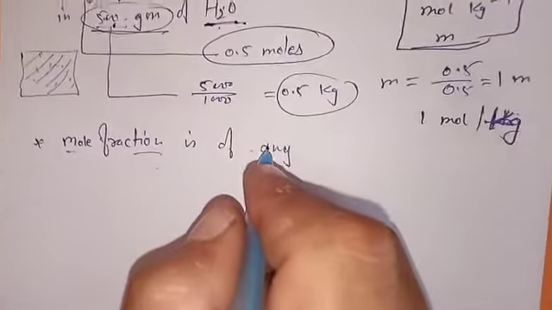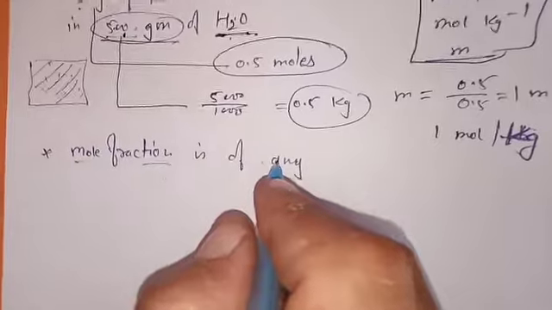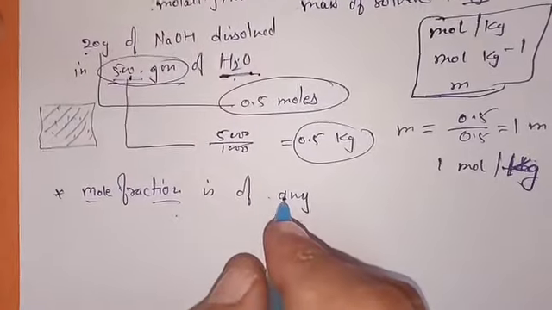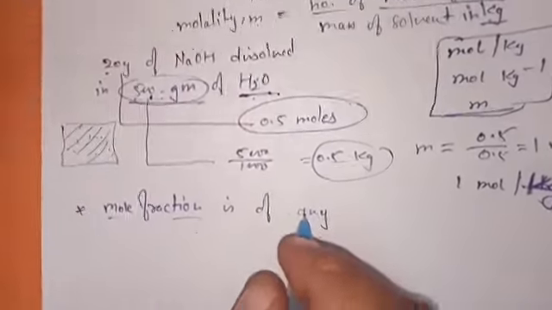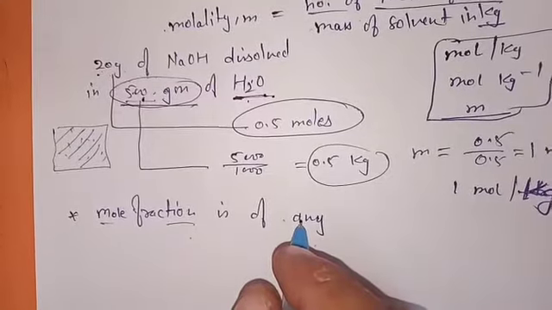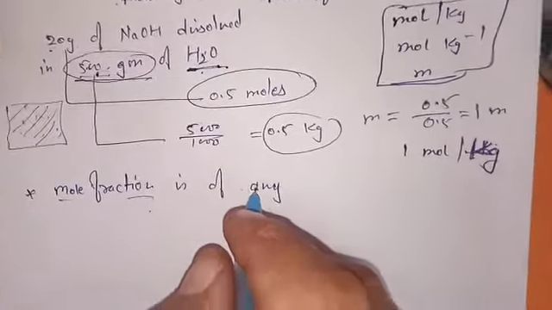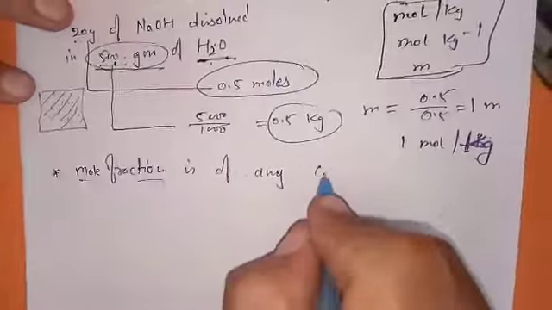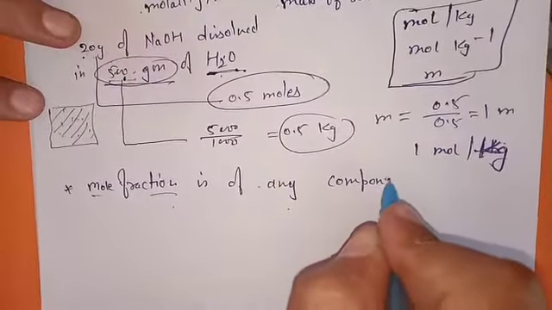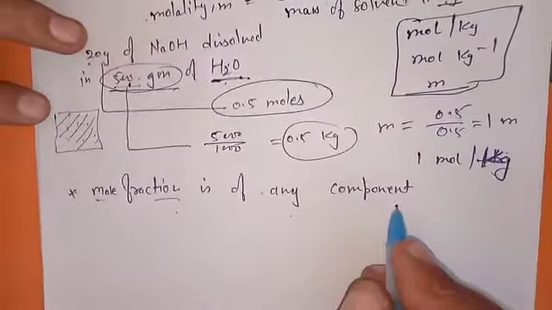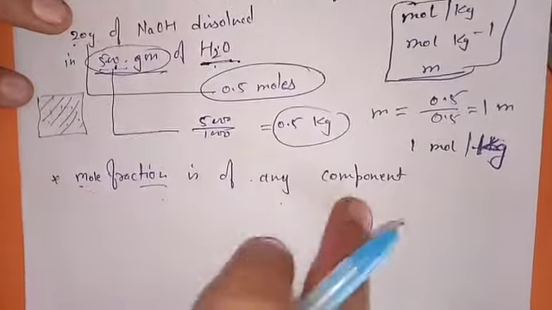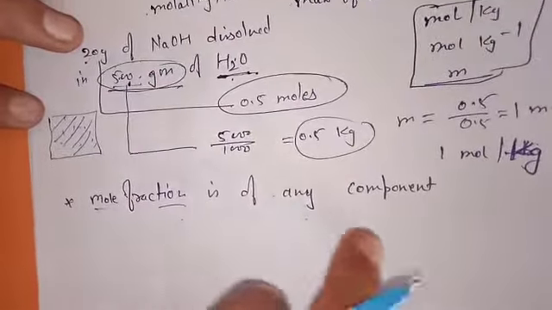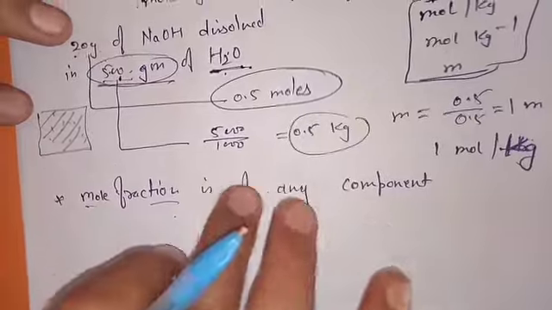If you have mixed two components in a particular solvent, there will be three things, so it will be a ternary solution. But in your syllabus there is only binary solution. Binary means one solute and one solvent. So you can calculate the mole fraction for the solute as well as for the solvent separately.